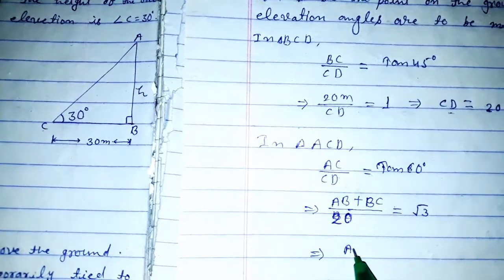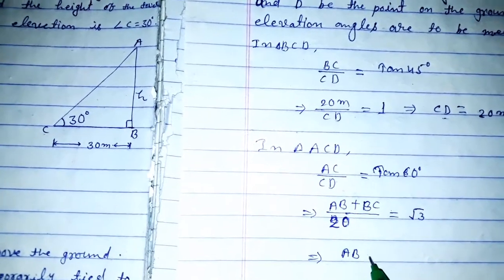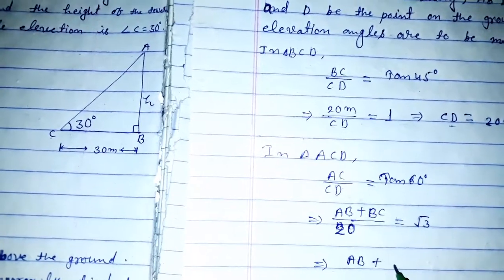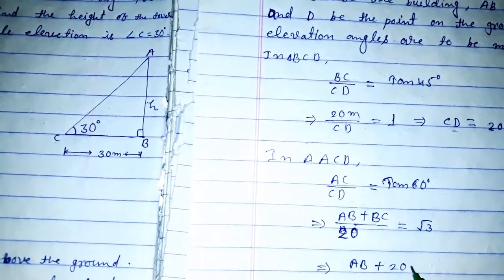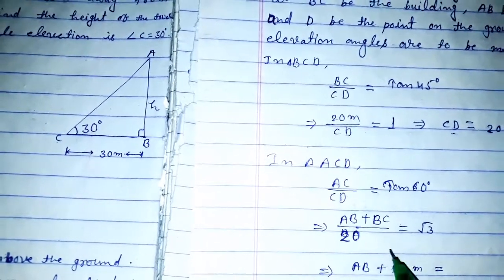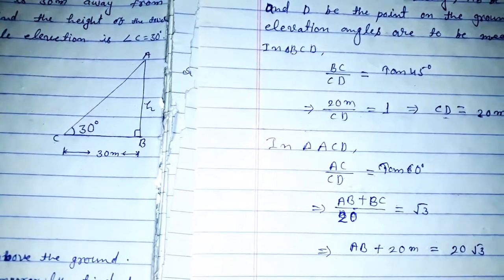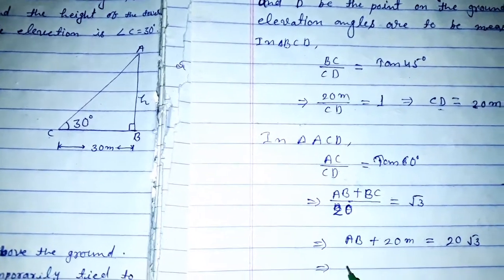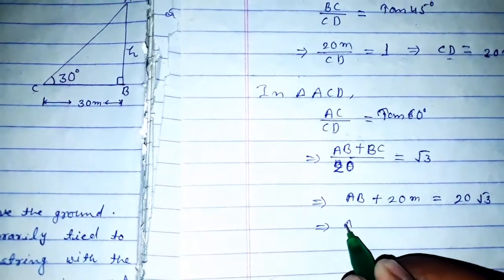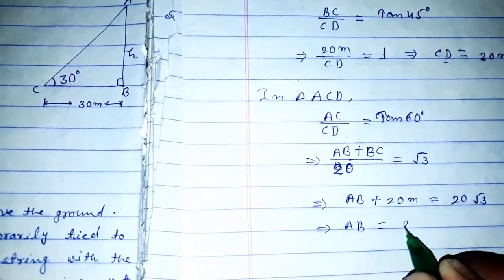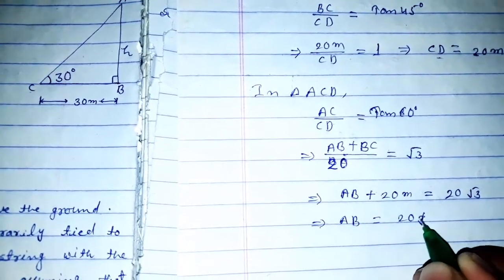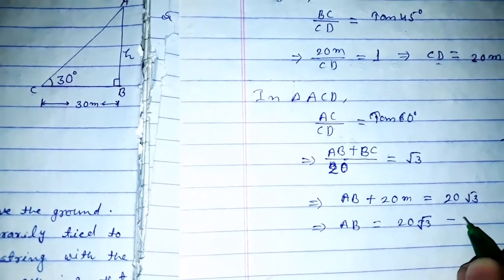So this is AB plus BC, BC is 20, and this is 20 root 3. That implies, what is AB? So AB is equal to 20 root 3 minus 20.